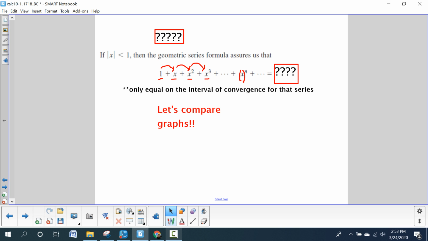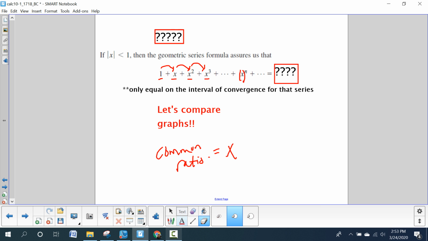This is a geometric series. And its common ratio, the thing that you have to multiply by to get to the next term, is x, because you'd have to multiply on x to get to the next term.